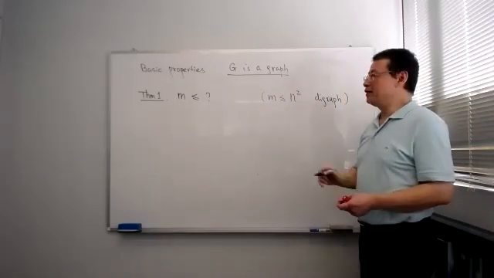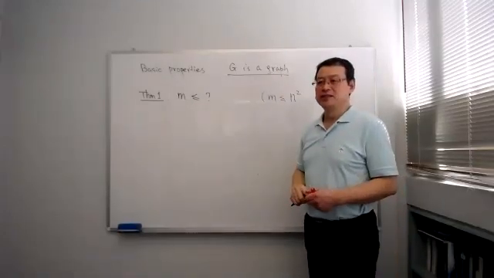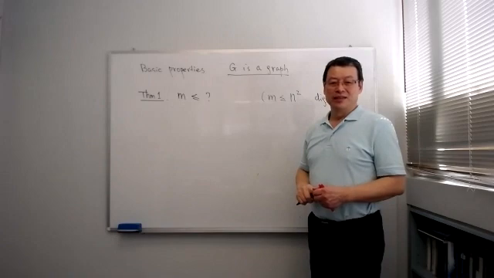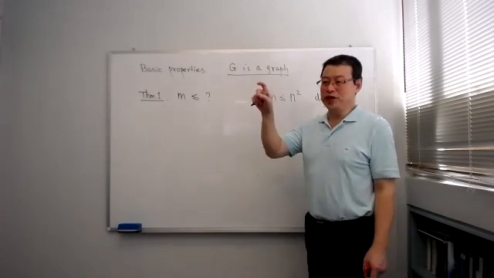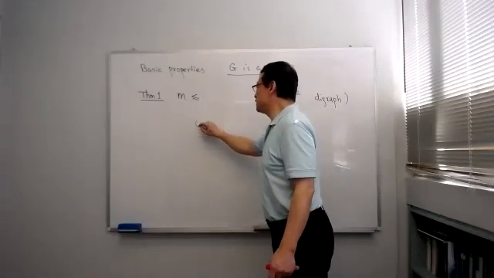Now for a graph, the edge is an unordered pair, and we don't have loops. Each edge is a pair, uv.